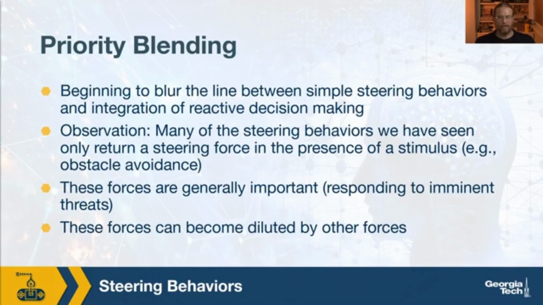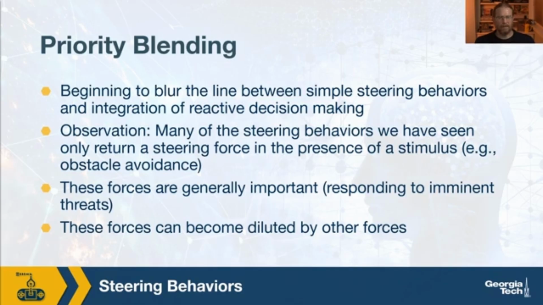But before we get to those different types of planning systems, we can consider a small variation to the blending that we've talked about so far, that begins to introduce some arbitration, and that is priority blending.